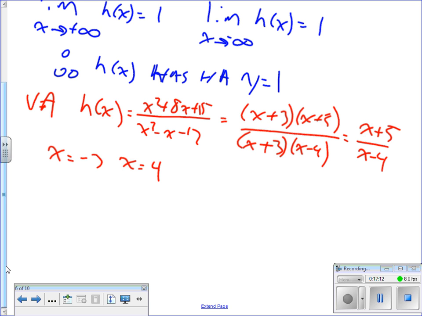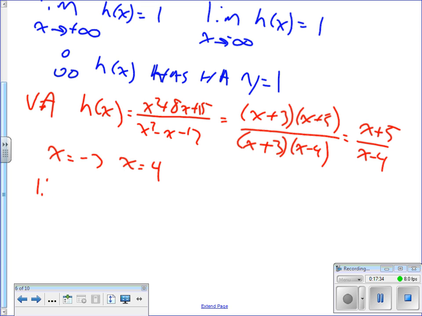When I take the limits, to find horizontal asymptotes I take the limits as I go to positive and negative infinity. For vertical asymptotes, I take the limit as I approach these coordinates from the left and right.